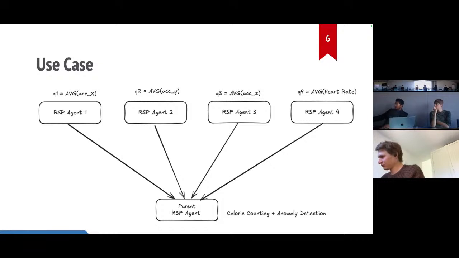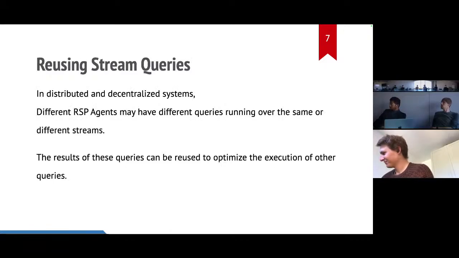And there is another RSP agent that's introduced into the network that wants to, let's say, calculate the calorie counting and further use those calories to do some anomaly detection. With the formula of calorie counting, you will have to reuse those streams. So the goal of my research is to see how you can reuse the streams to calculate the calories and then further do anomaly detection.